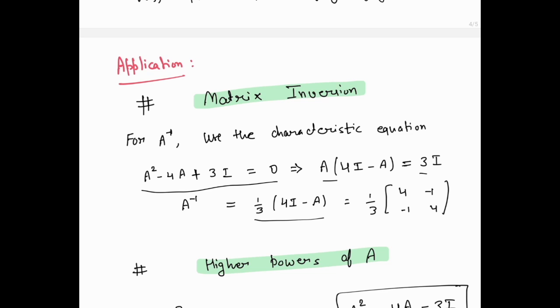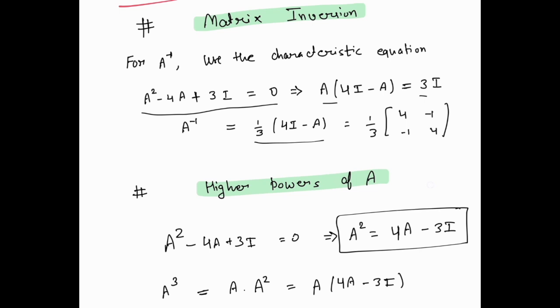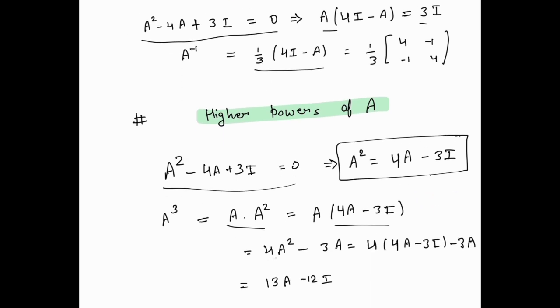We can also compute higher powers using the Cayley-Hamilton theorem without much computation. From the characteristic equation we find A squared is 4A minus 3I. If we have to compute A cubed, we can write it as A times A squared, and we put this value of A squared here. First we compute A times 4A minus 3I, which comes out to be 4A squared minus 3A.